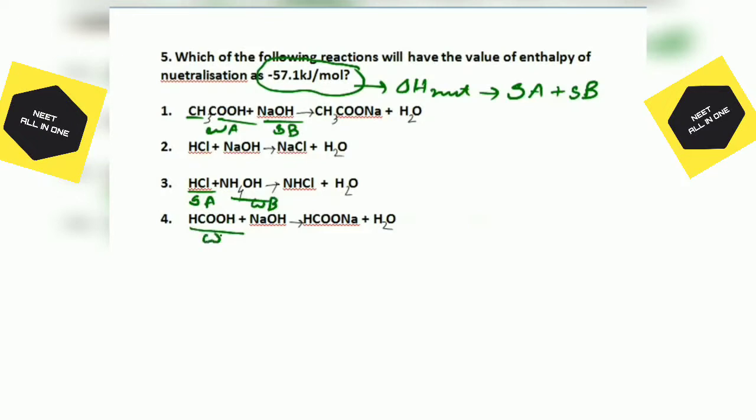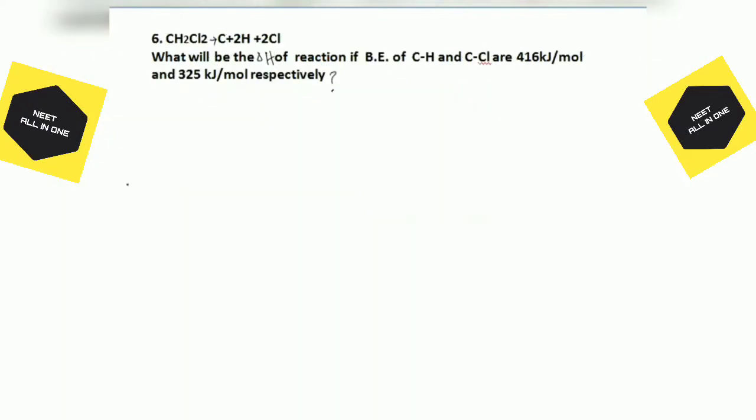HCOOH is a weak acid, NaOH is a strong base, so it also can be ruled out. But in case of the second option, it is a strong acid and a strong base. So option 2 is correct, that is, the value of neutralization will come minus 57.1 kilojoule per mole.